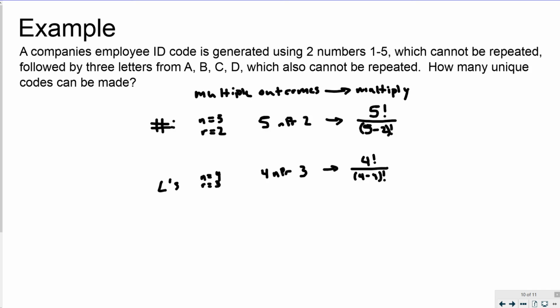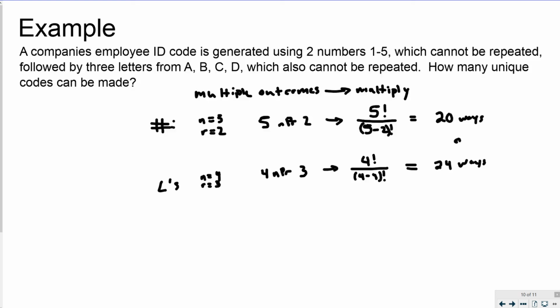On the top for 5P2, so 5 options, 2 choices, there are 20 ways for that to be chosen. And for the bottom one, 4 options, but 3 have to be chosen. There are 24 ways for that to happen.